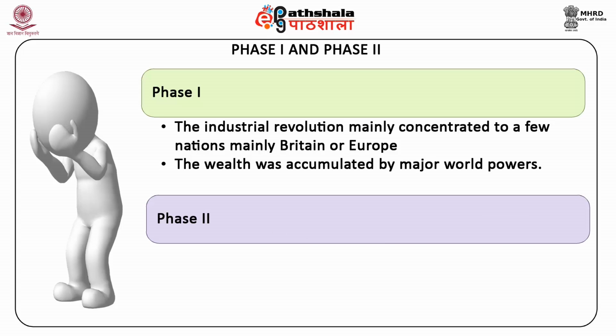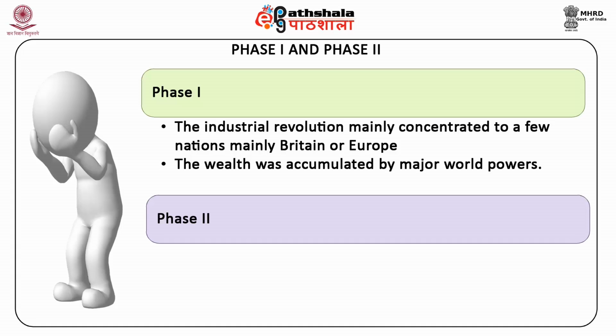Phase 2. After World War II, this phase was dominated by the Cold War and polarization of the globe between USA and USSR and was dominated by politics mainly. During this phase, wealth moved to industrialized nations along with the technological know-how.